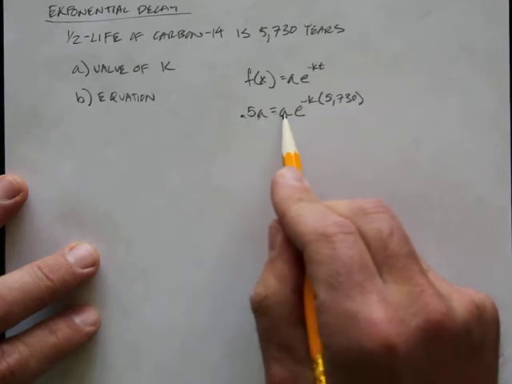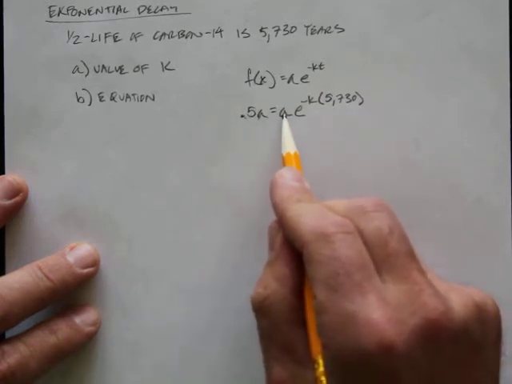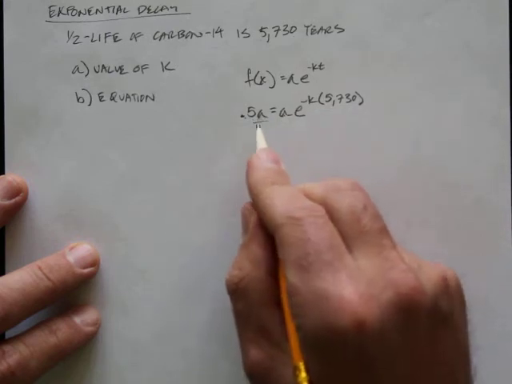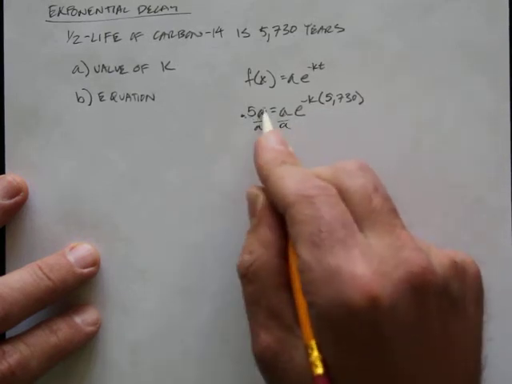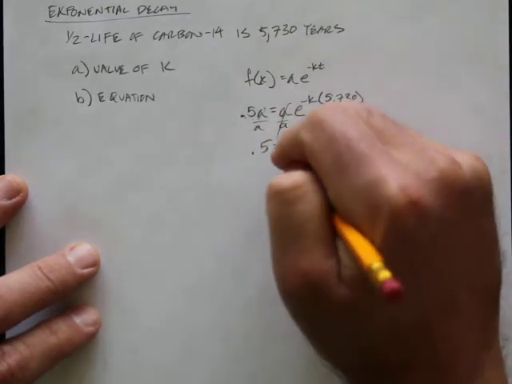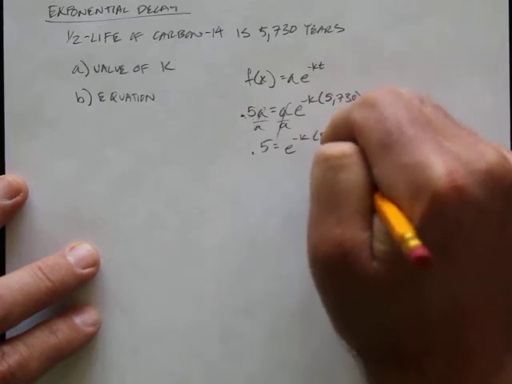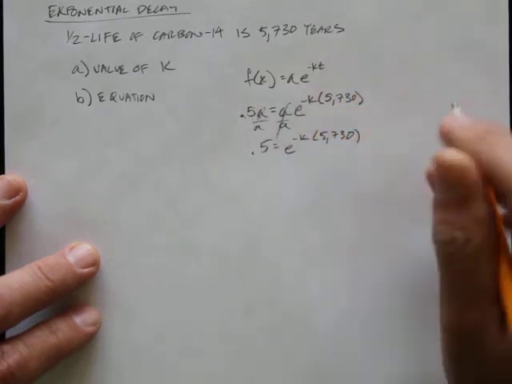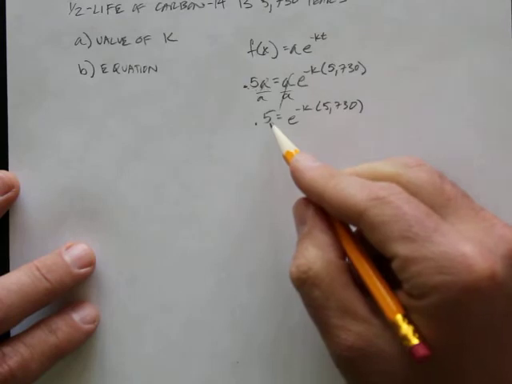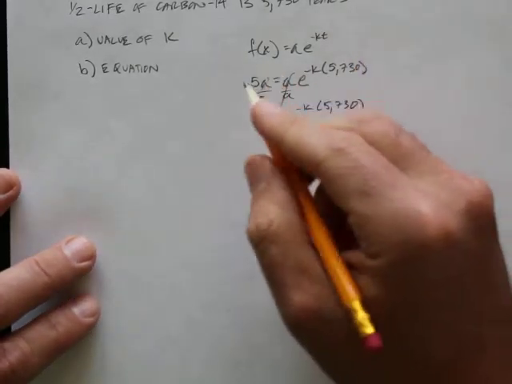The reason this works so well, 0.5 times the initial amount, is I can just divide a out of both of these and the a's go away. So now I have 0.5 equals e to the negative k times 5,730. Now what I do is I take the natural log of each side.